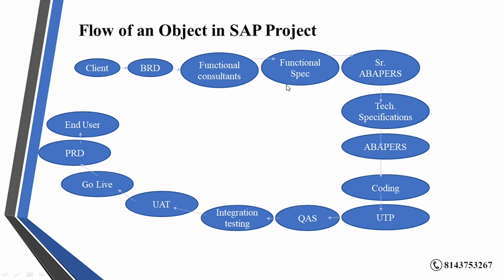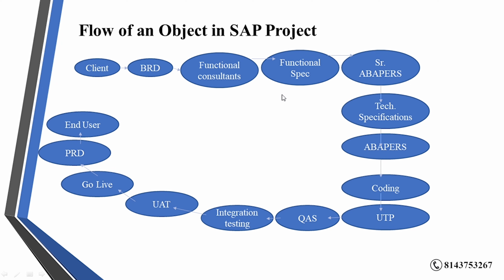So the screens the functional consultants give, how they want them, all these things will be in a functional document. Senior ABAPers will analyze the functional specification and prepare a technical specification. What does it contain? It contains what all the ABAP objects to be developed are, and what type of objects it requires. Okay, and then they will share it with the junior ABAPers or normal ABAPers who do the coding.